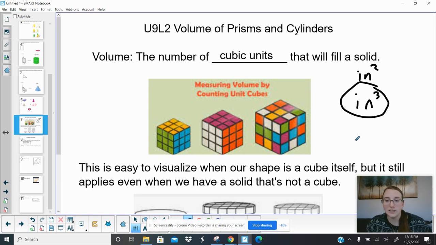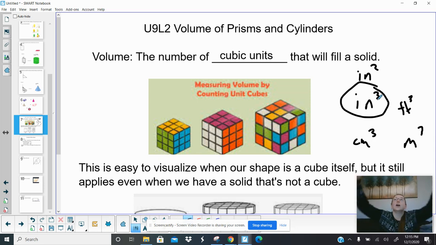That's going to be our units. Again, it could be in centimeters, it could be in meters, it could be in feet. But if we're talking about volume, there is a little 3 there, and that's because volume is 3 dimensions, right? Area is 2 dimensions, it's flat. So that's why area has a little 2 and volume has a little 3, because volume has to do with filling something up. That's 3 dimensions.